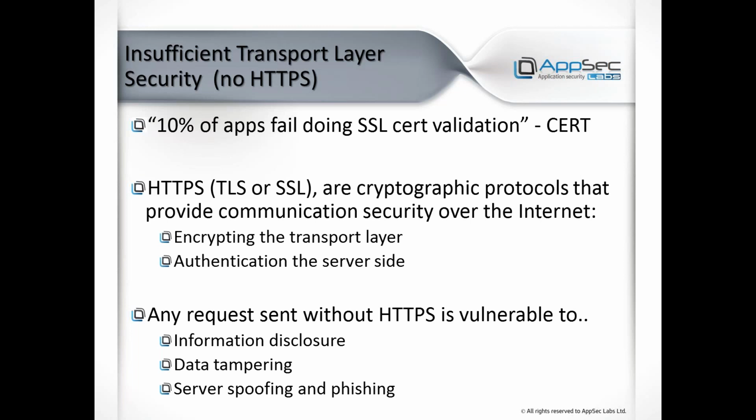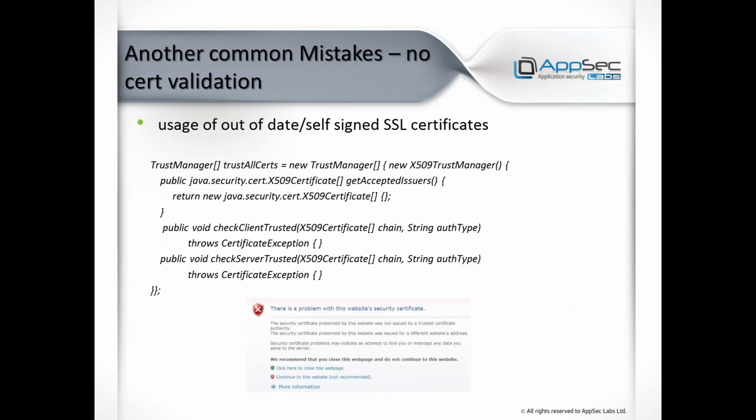Now, the problem is that even if the application is using HTTPS as the transport layer, sometimes we find out that the developers of the mobile app disabled the ability of the app to check for certificate validation.